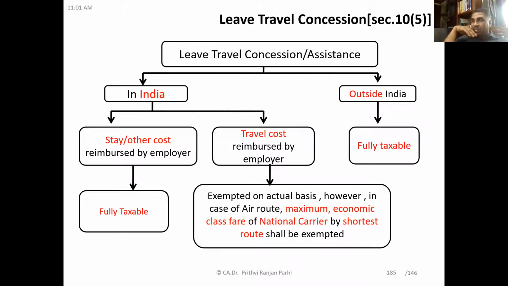And if LTC is provided outside India, it is fully taxed. Okay, when I say national carrier, here refers to Air India fare. That means economic class fare of Air India by the shortest route shall be exempt if the travel is made by air.